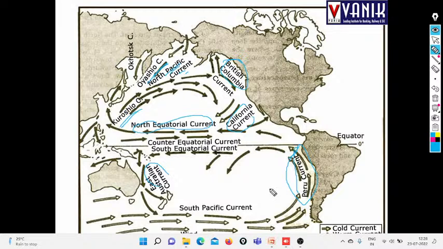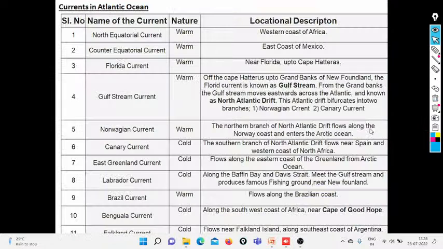These are the currents that flow in the Pacific Ocean. Now we'll see the currents in the Atlantic Ocean.